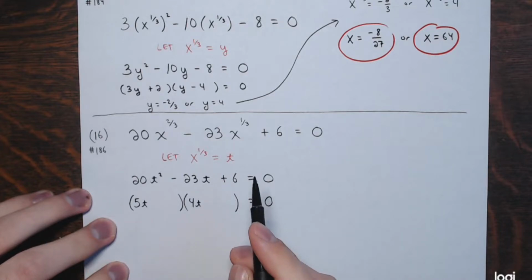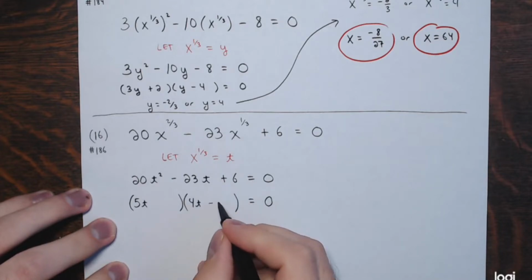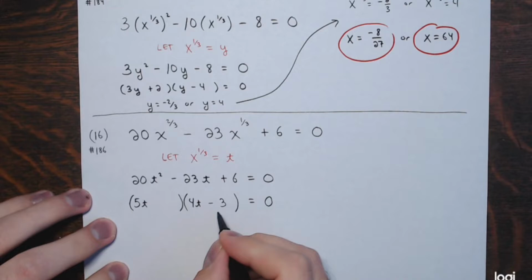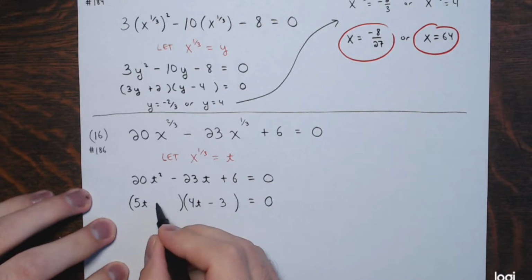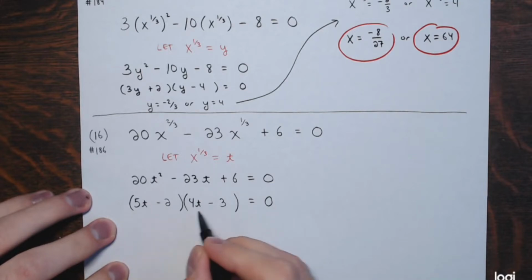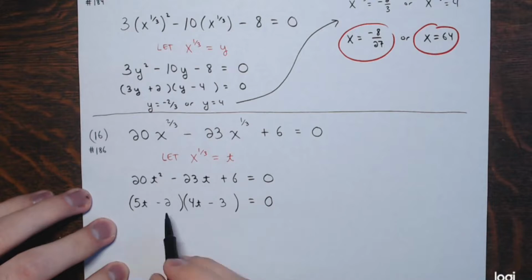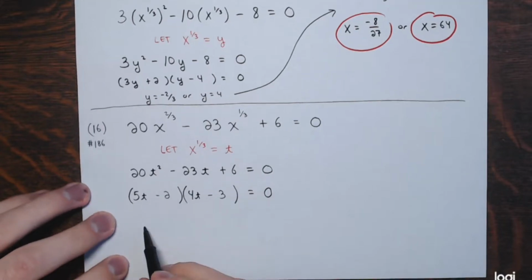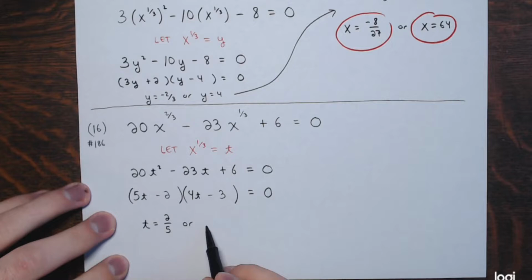And then I need a minus 3 over here for minus 15t, minus 2 here for minus 8t to make minus 23t, and then negative 2 times negative 3 is positive 6. And then the solutions in t are positive 2/5 and positive 3/4.